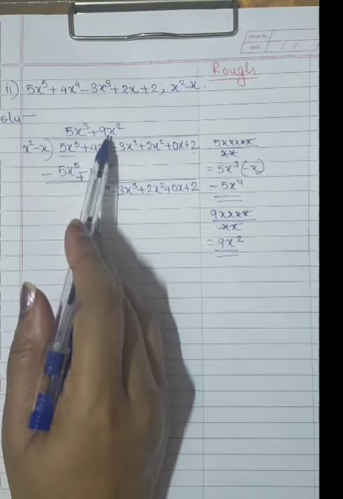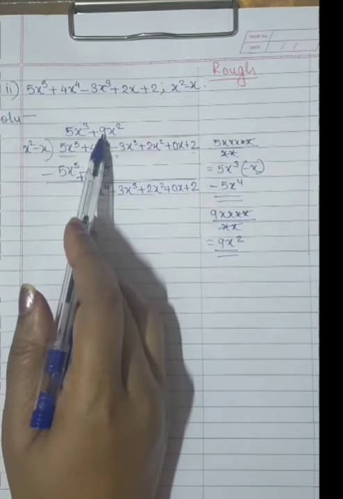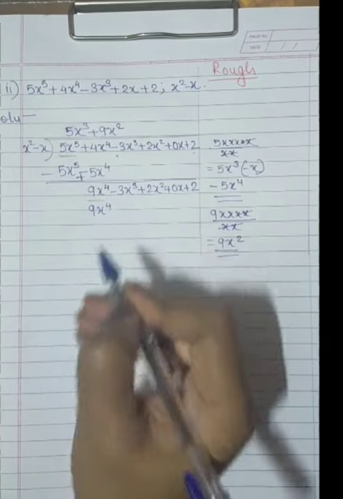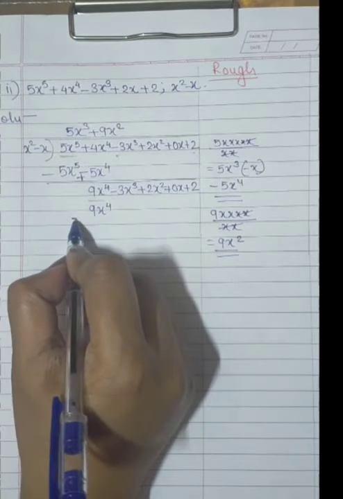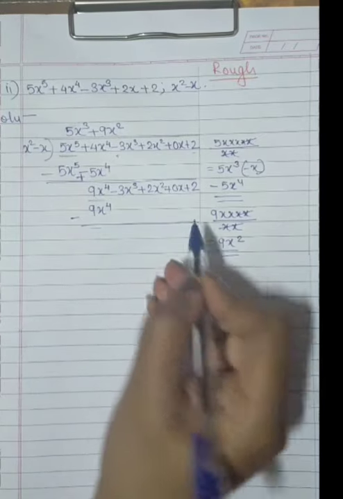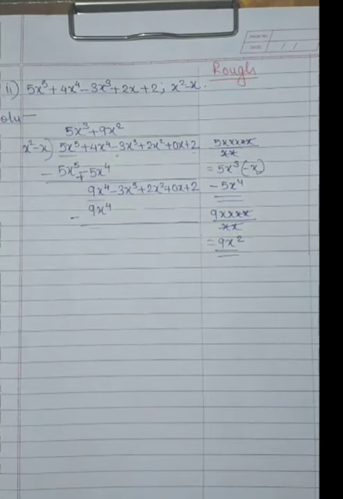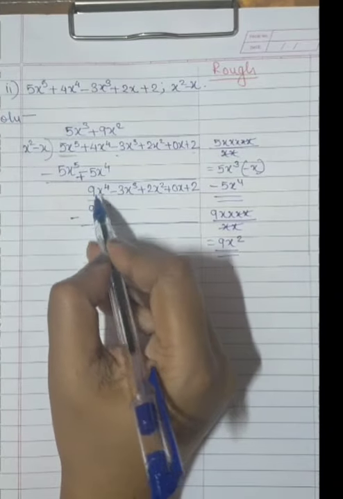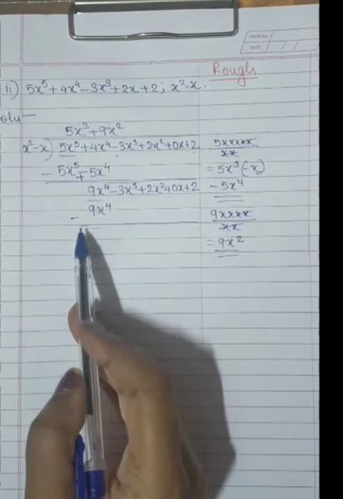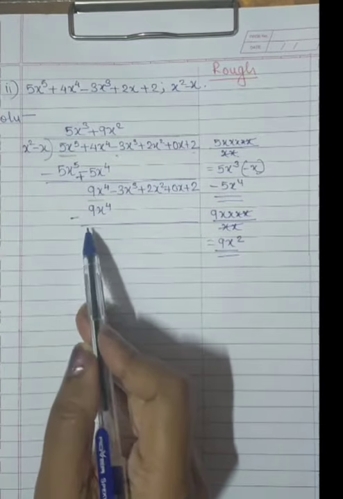After getting this, when we multiply x² with 9x², we will get 9x⁴. Here again the sign will change, the minus it will become. I am not writing both plus plus because you already know that both are positive, and as we are subtracting the sign is going to change here.